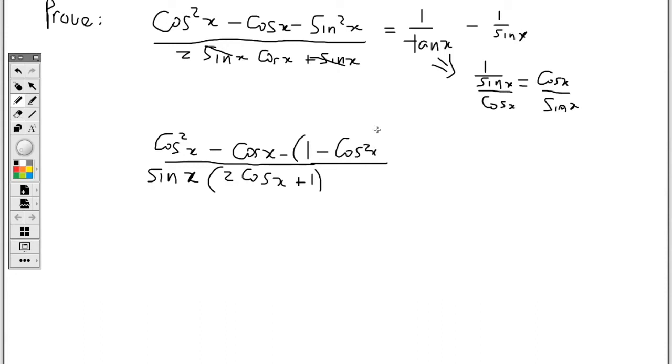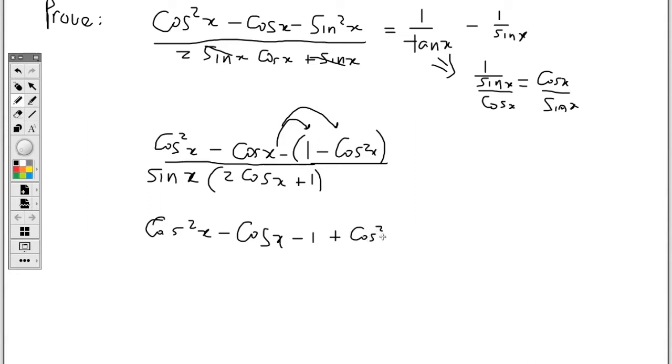Now the sign, I am going to distribute it in the numerator. So it's going to change the sign of all of this that I have here. So rewriting the numerator, I will have cos square x minus cos x. Then distributing the sign, I have minus 1, negative times negative, so that's positive cos square x.